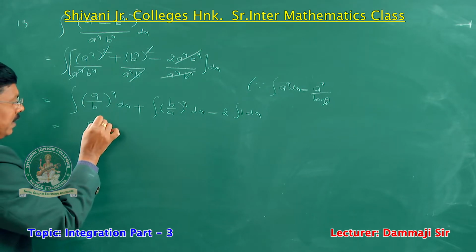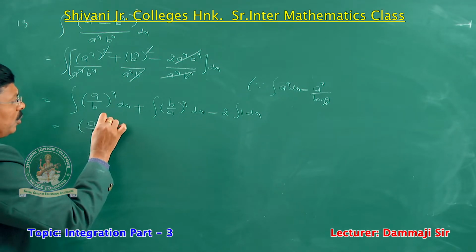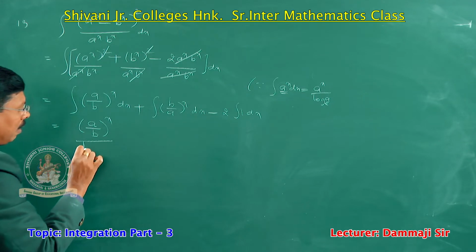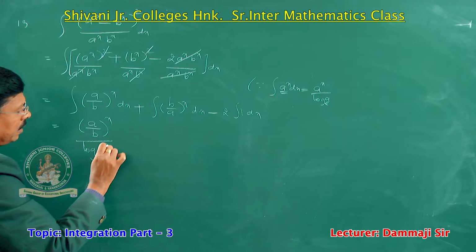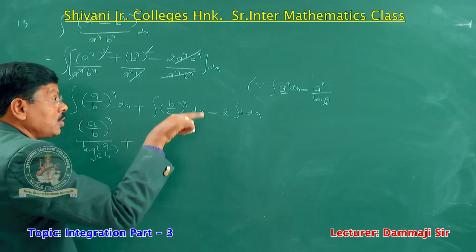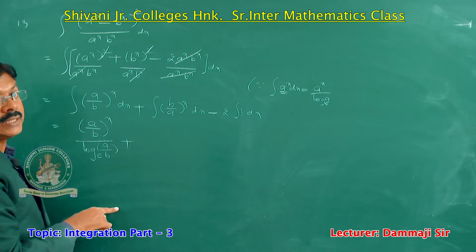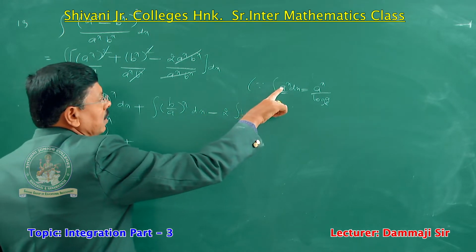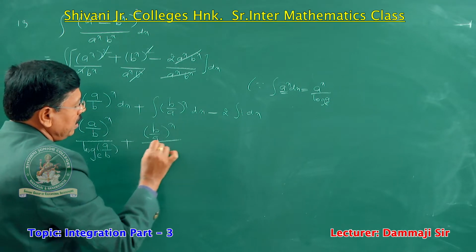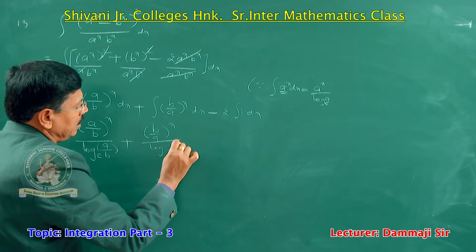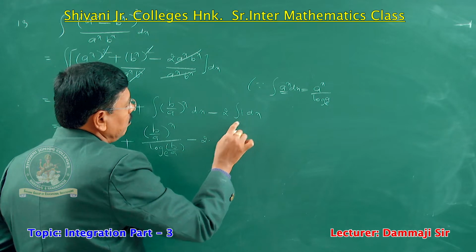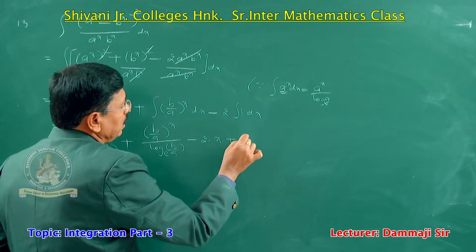You can write a by b whole power x, divided by log of a by b to the base e. For the second term, it is the same formation, in place of a it is b by a, power x, and the denominator is log of b by a to the base e. Minus 2, integral of 1 dx is x. Then next you can write c.